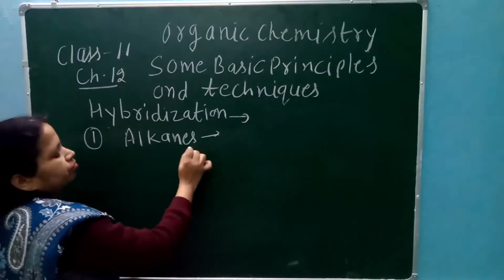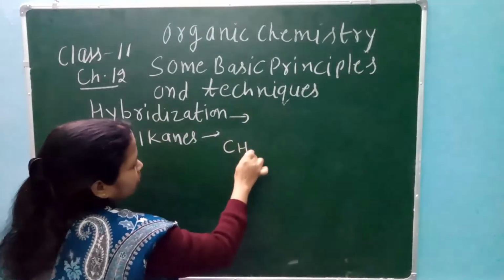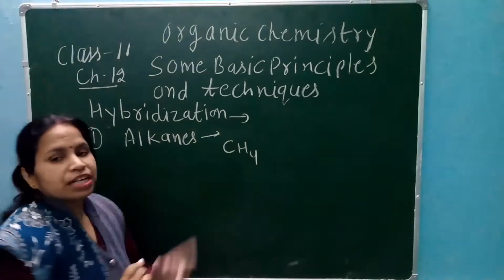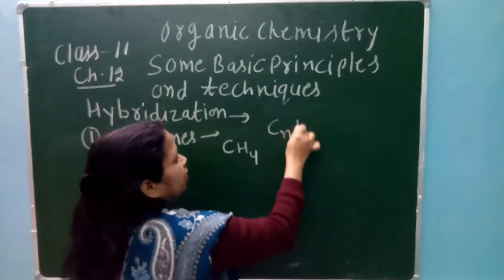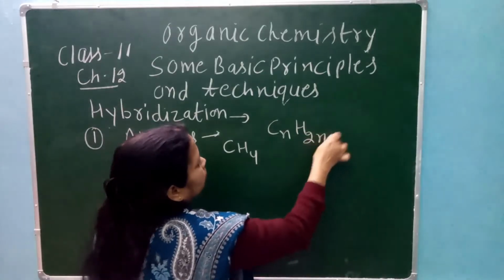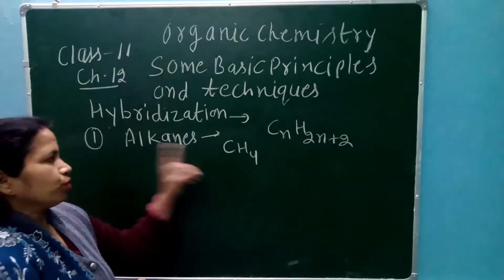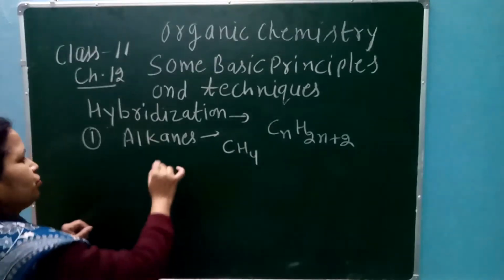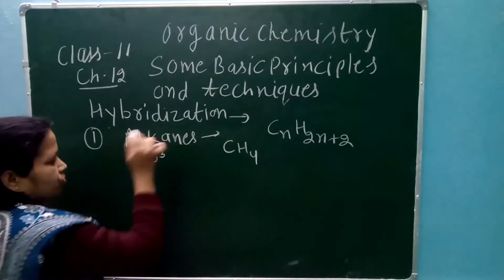Now we are taking an example of alkane, CH4. Alkane is a hydrocarbon, its general formula is CnH2n+2. So like CH4. So in alkane there is sp3 hybridization.